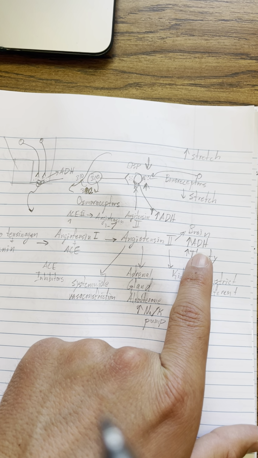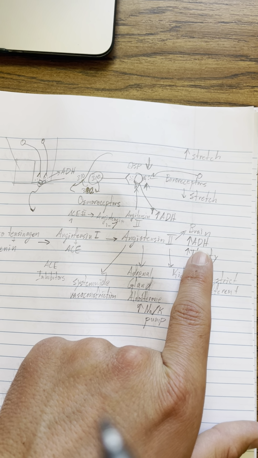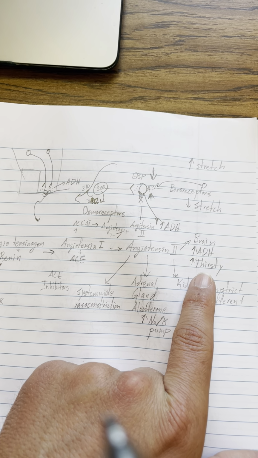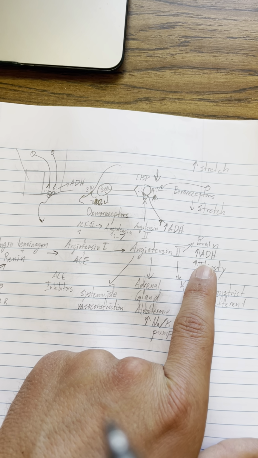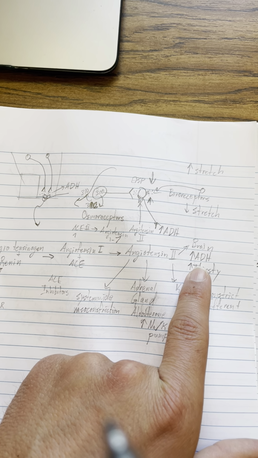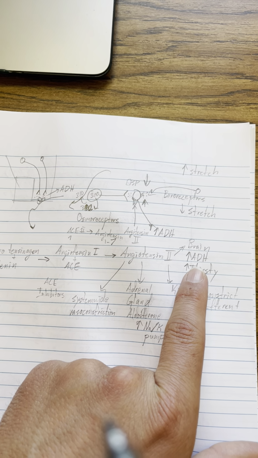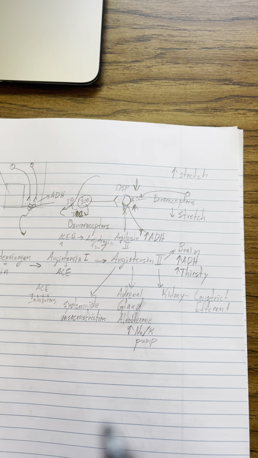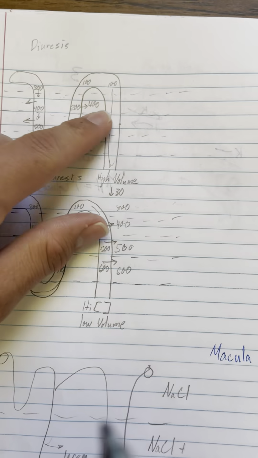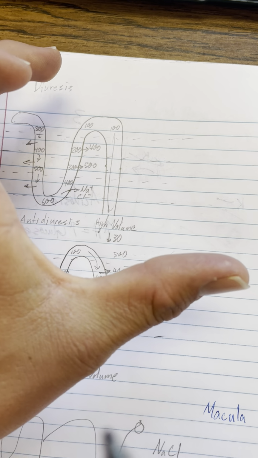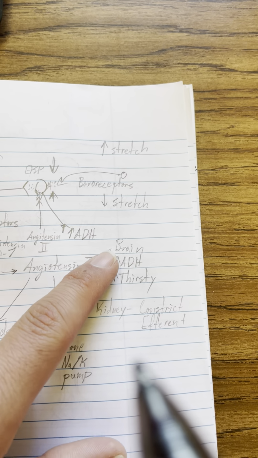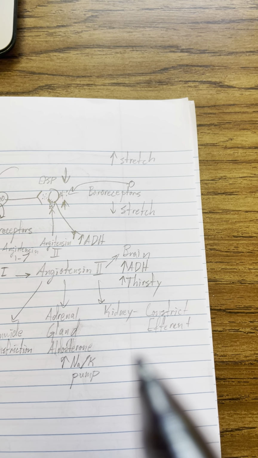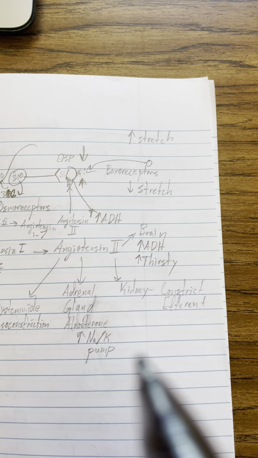And then ADH will increase, which will make you feel thirsty, and ADH at the end of the day will put aquaporins within the collecting tubule here, so that more water is absorbed back into the blood. It's also a signaler to the brain saying, I'm thirsty, I need more water, so you drink more water.